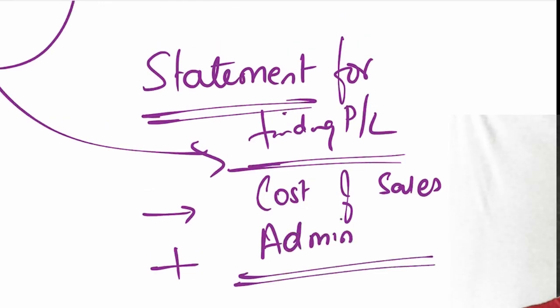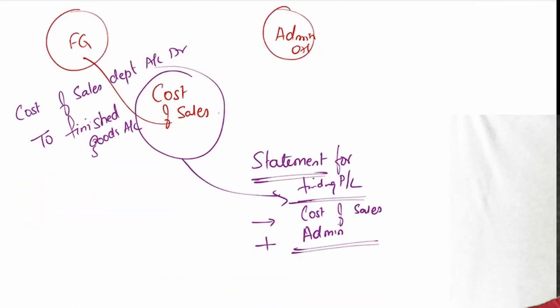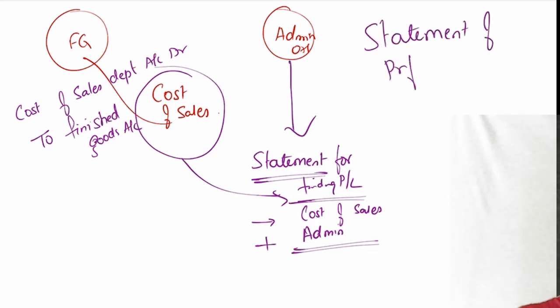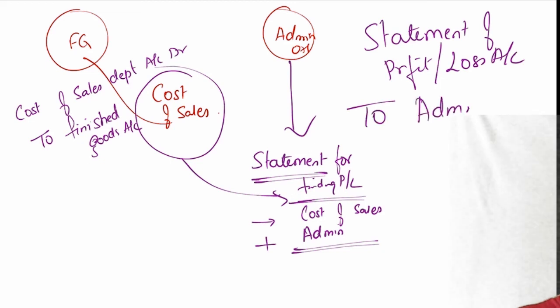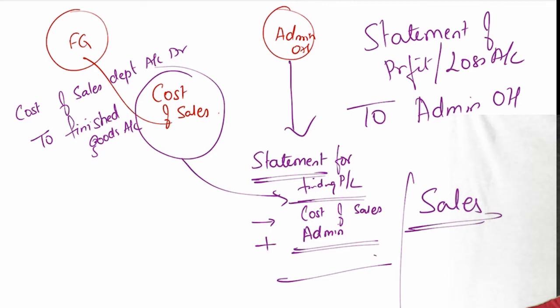So when I'm adding administration here, the journal entry will become statement of profit or loss account to administration overheads. To administration overheads, right? So now cost of sales and administration, this I compared with my sales value. The difference becomes my profit or loss.